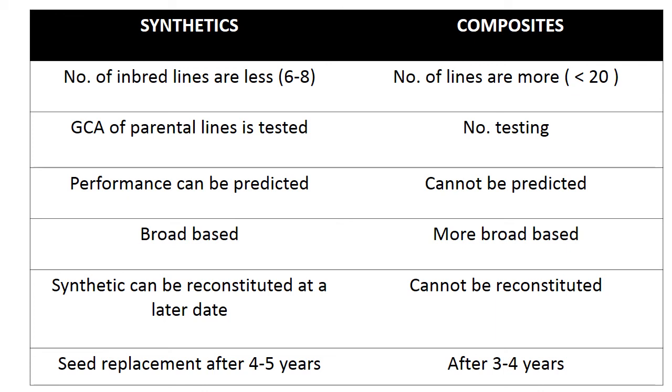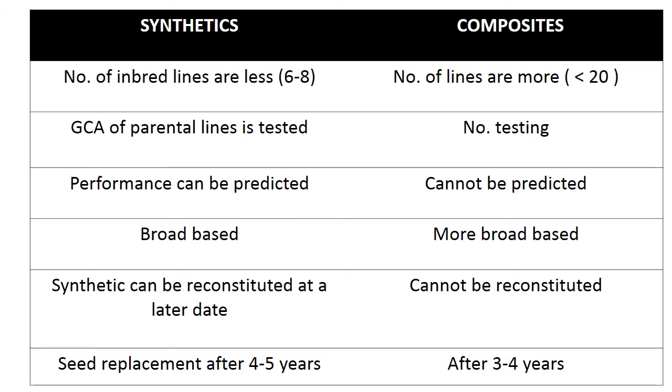Coming to the major differences between synthetics and composites. In synthetics, inbred lines should be 6 to 8 or less or somewhat more than that, but in composites it is more or less than 20. In synthetics, GCA is tested, in composites not tested.